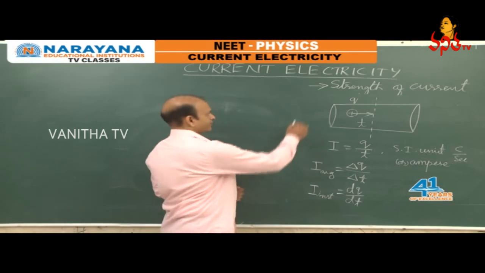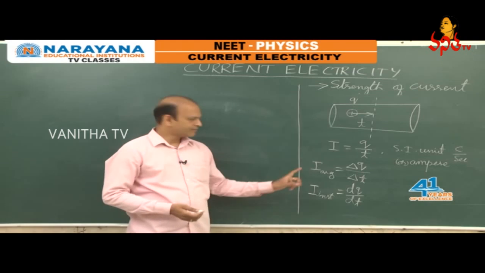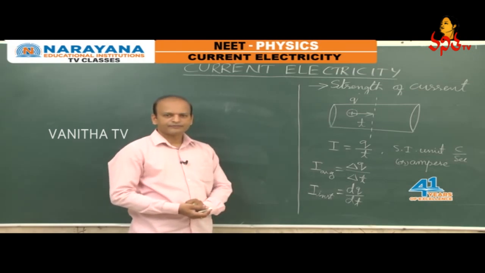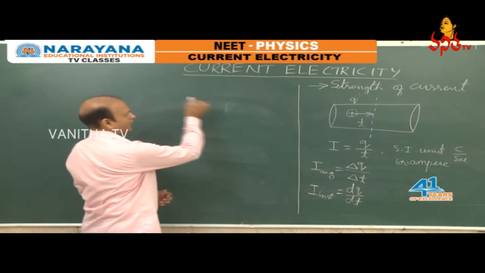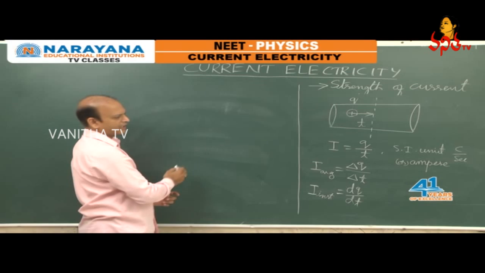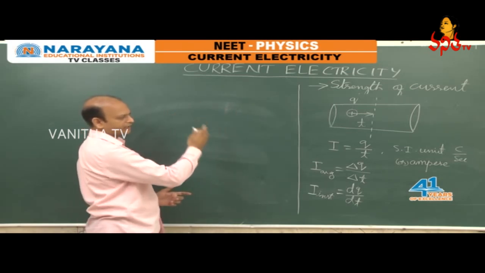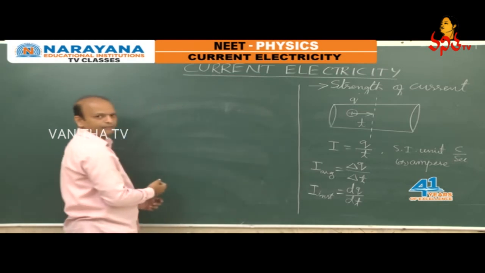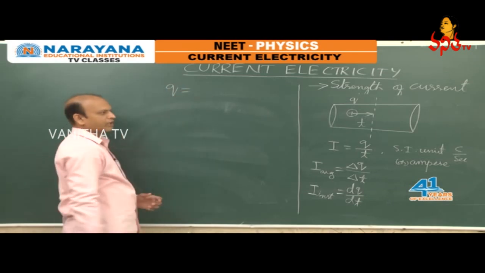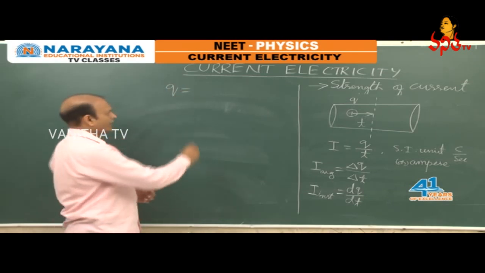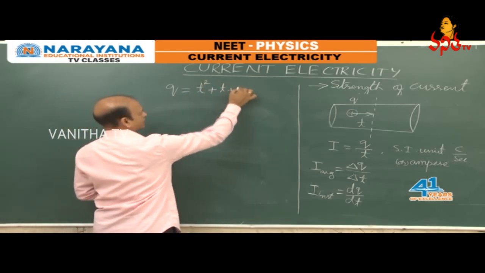Let us take a more clear observation of this average current. Say for example, through any conductor the current is passing, charge is flowing. Due to that current, the charge passing through this is given by one equation, say for example, t square plus t plus phi.